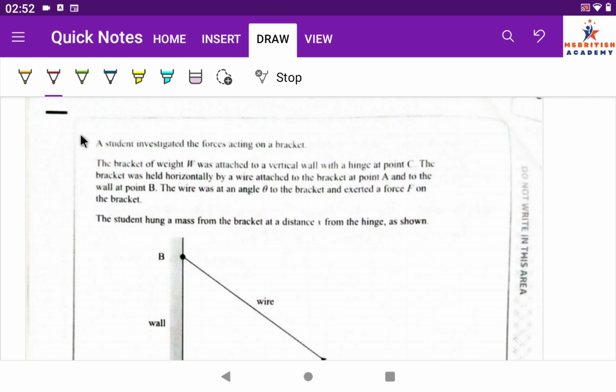Now question number 3. A student investigated the force acting on a bracket.